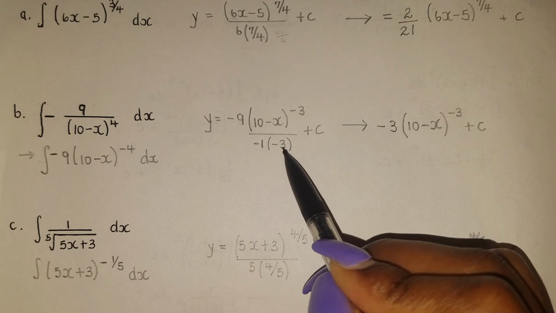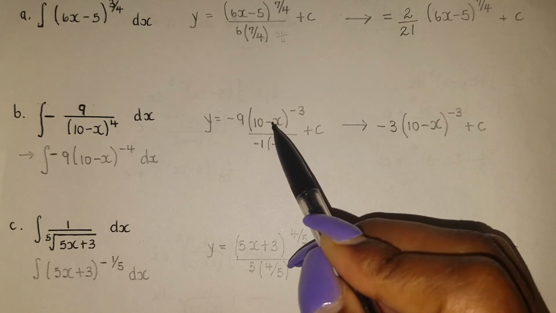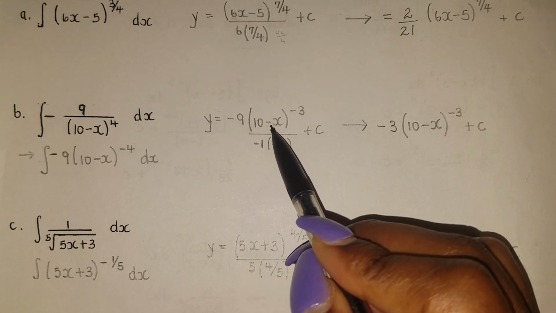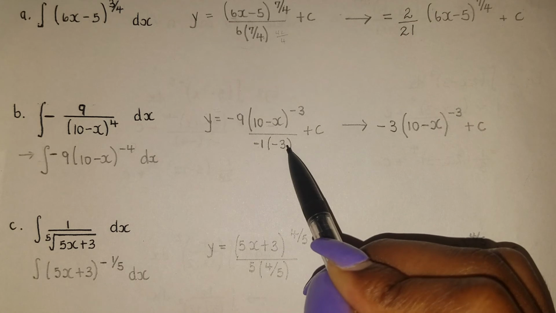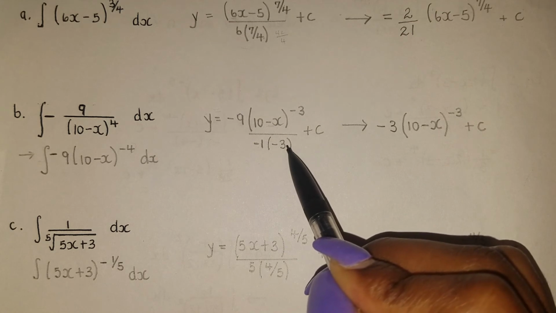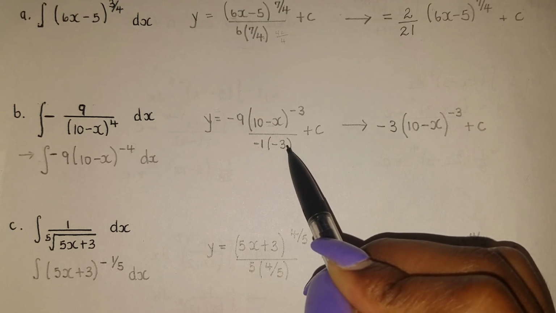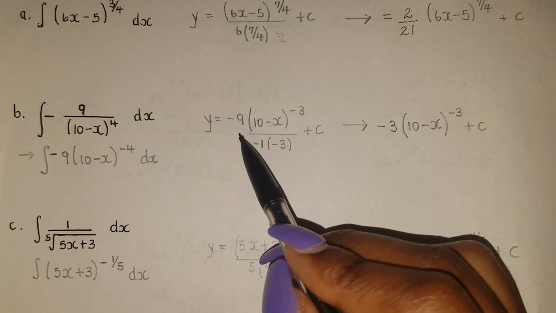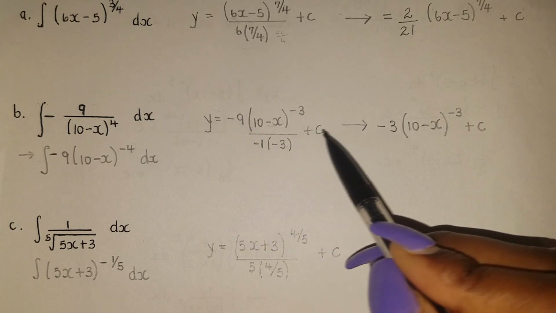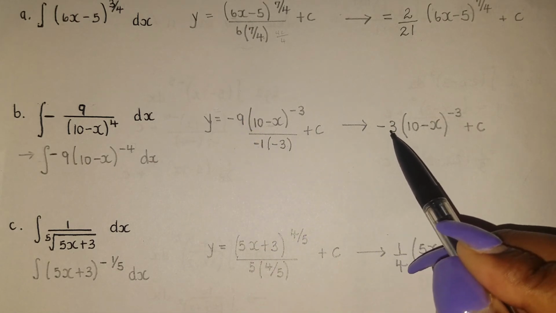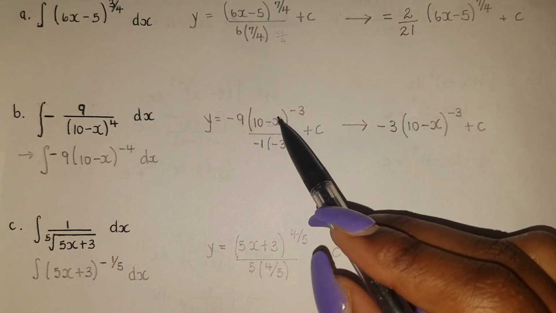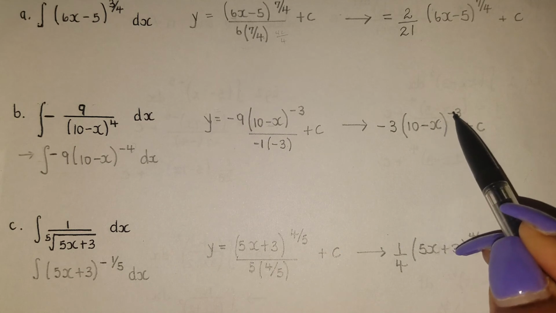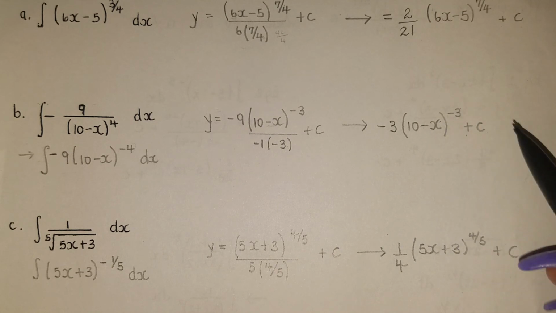But that -3 needs to get multiplied by the coefficient of x, and in this case that is a negative 1. So negative 1 times negative 3 is a positive 3. Now our answer becomes a negative 9 over 3, which is a negative 3. And now our 10 minus x raised to the negative 3 goes back, plus c.